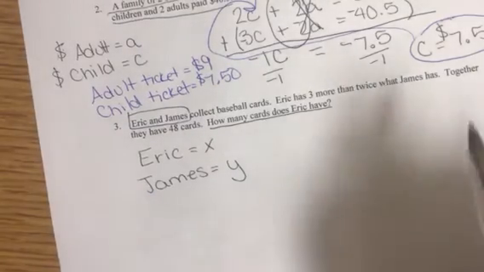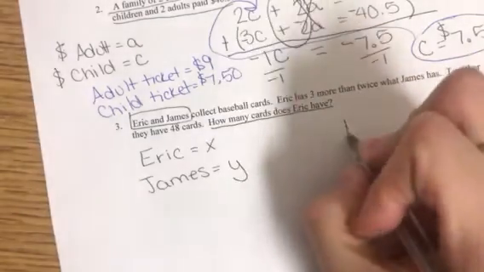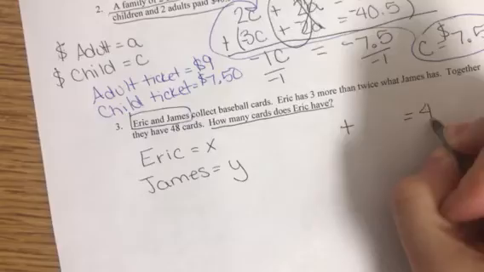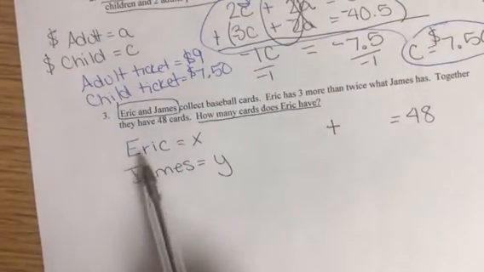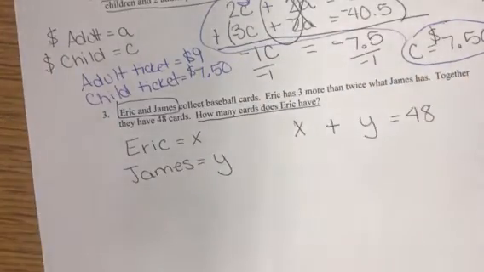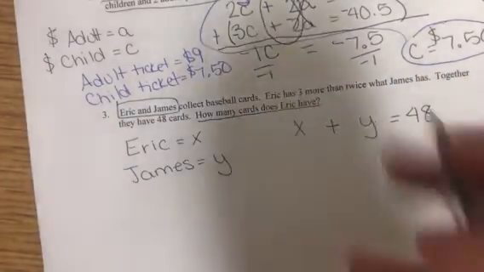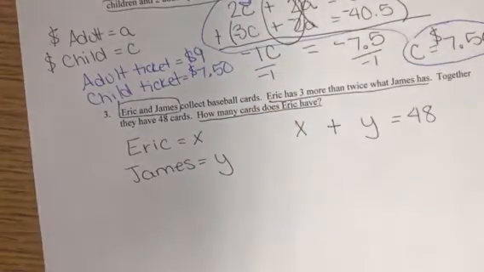Okay, it says together, so in total, which tells me I want to add some stuff up and set it equal to 48. So I'm going to add up Eric and James having 48 cards. Okay, I'm going to look at my other sentence here that says Eric has. Has would be in his possession, so it's sort of like saying is.